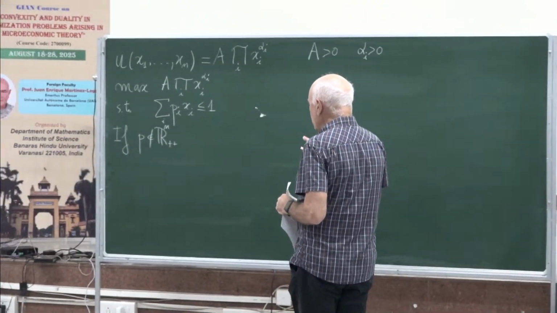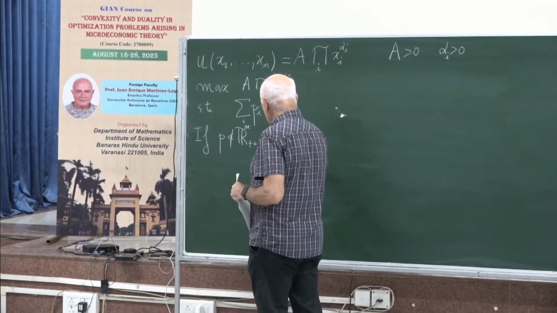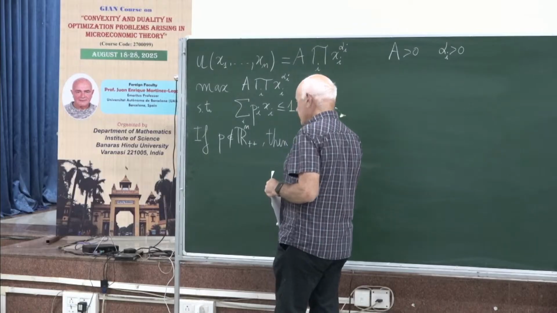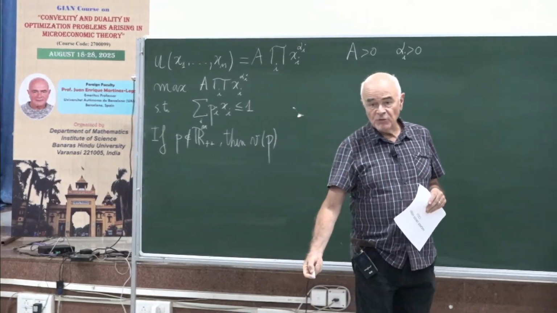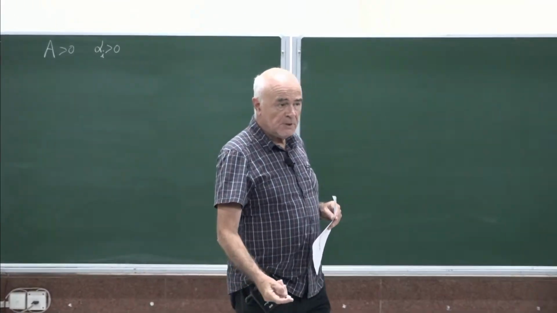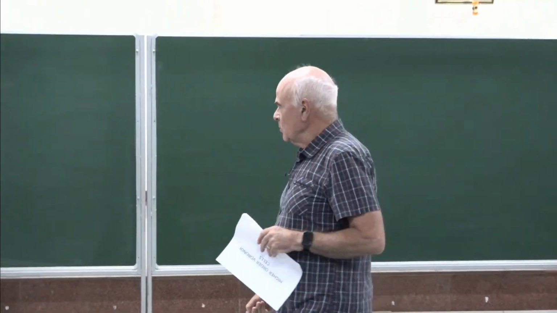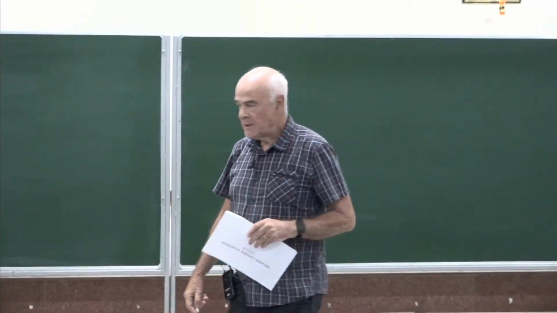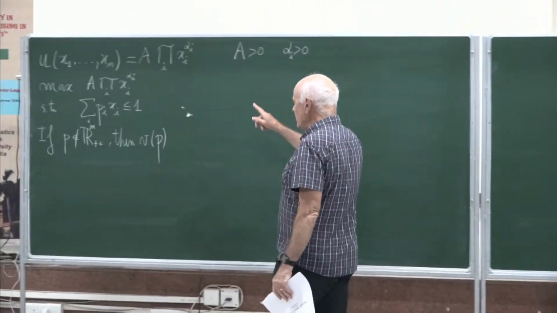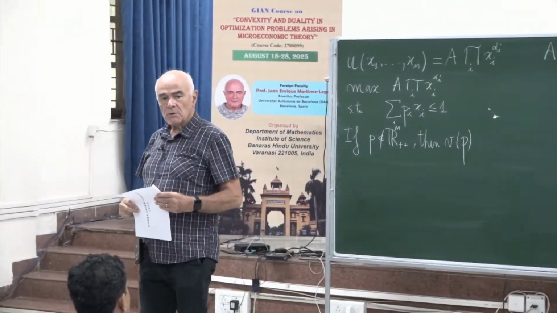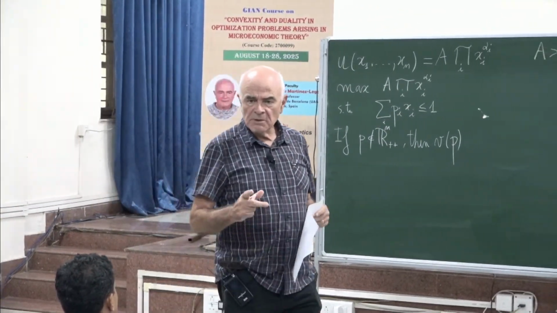Then the optimal value of this problem, which is v of p, v being the indirect utility function. What is v of p in this case? I mean, what is the optimal value of this problem if some p_i is equal to 0?